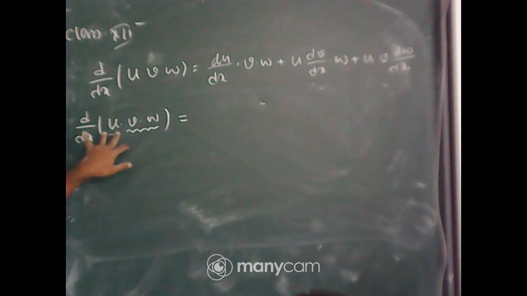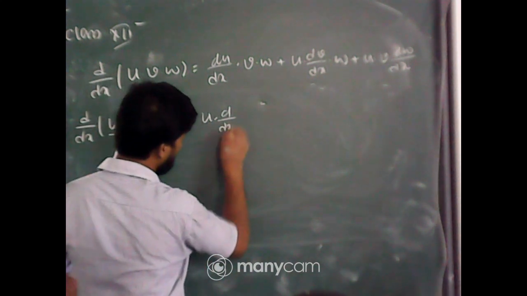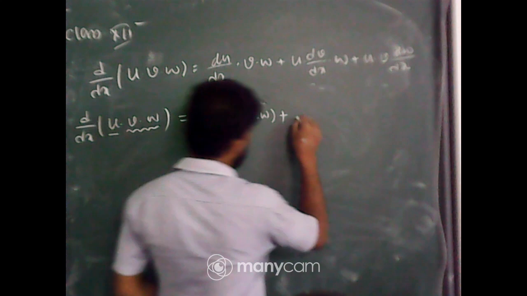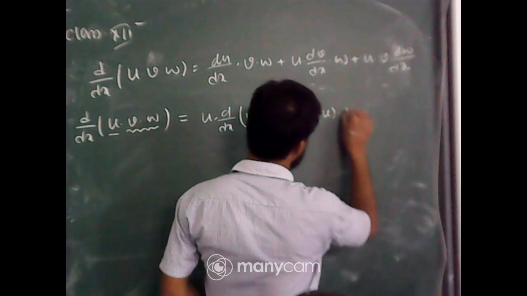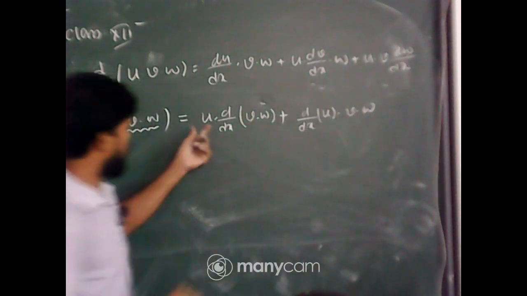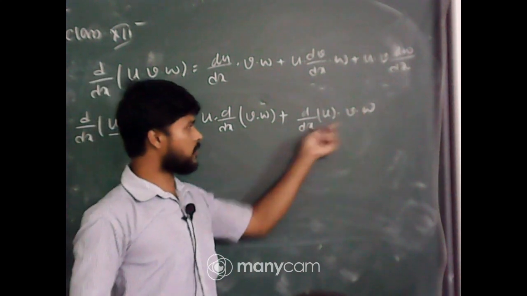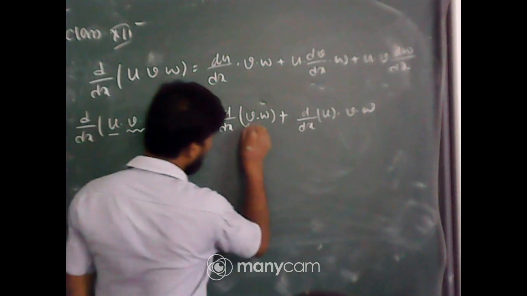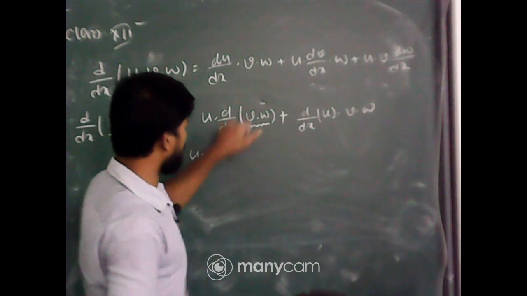So first function fixed, and differentiation of second function, that is v into w, plus derivative of first function into second function. That means u into d dx of v into w, now we apply the same formula because this is also a product of two functions, so we can apply the formula again.